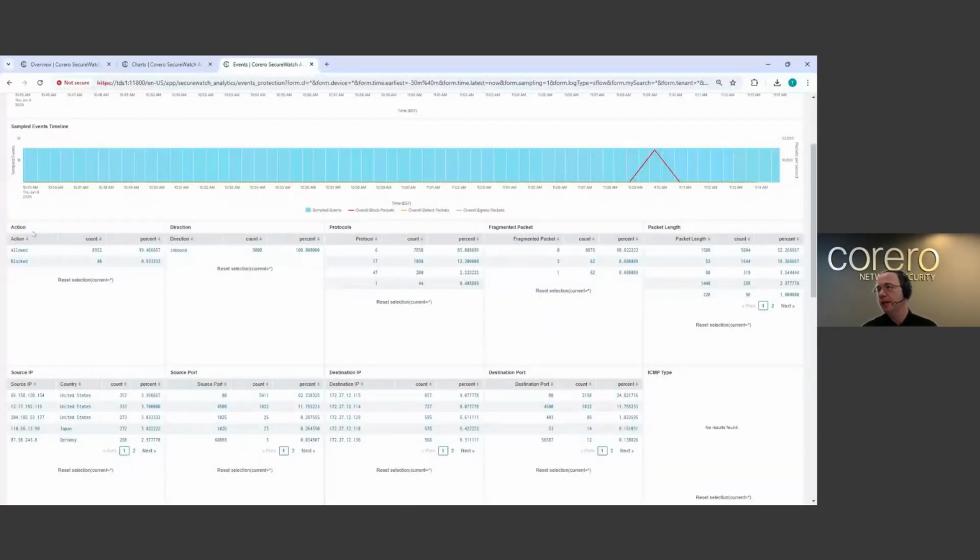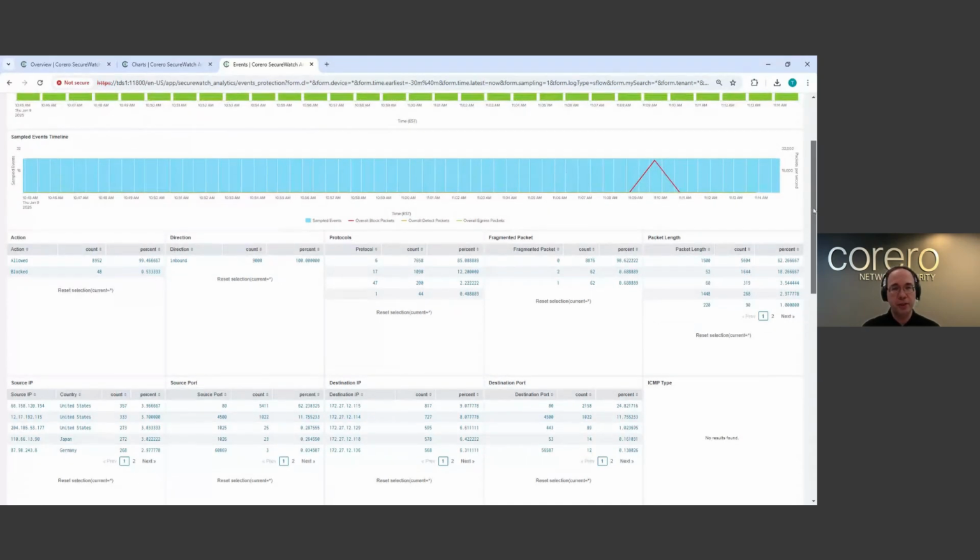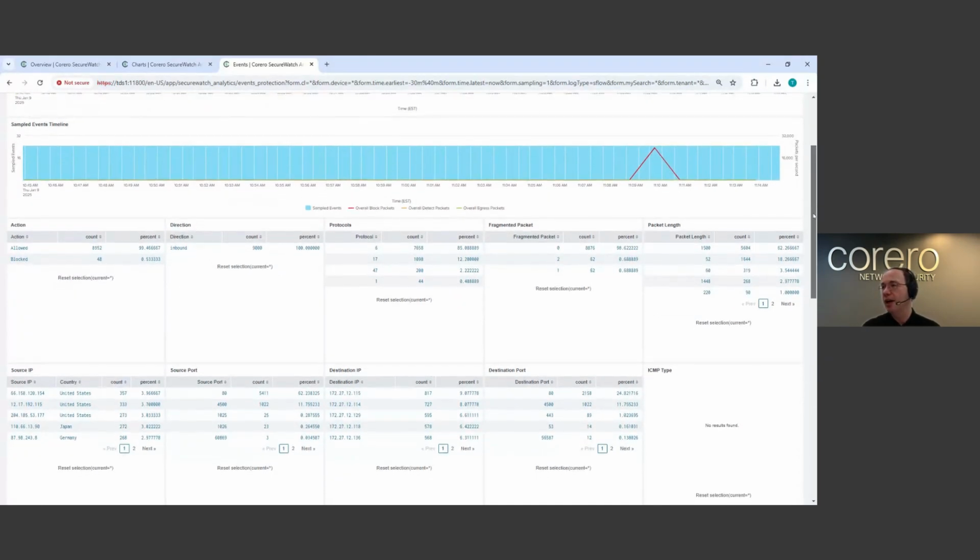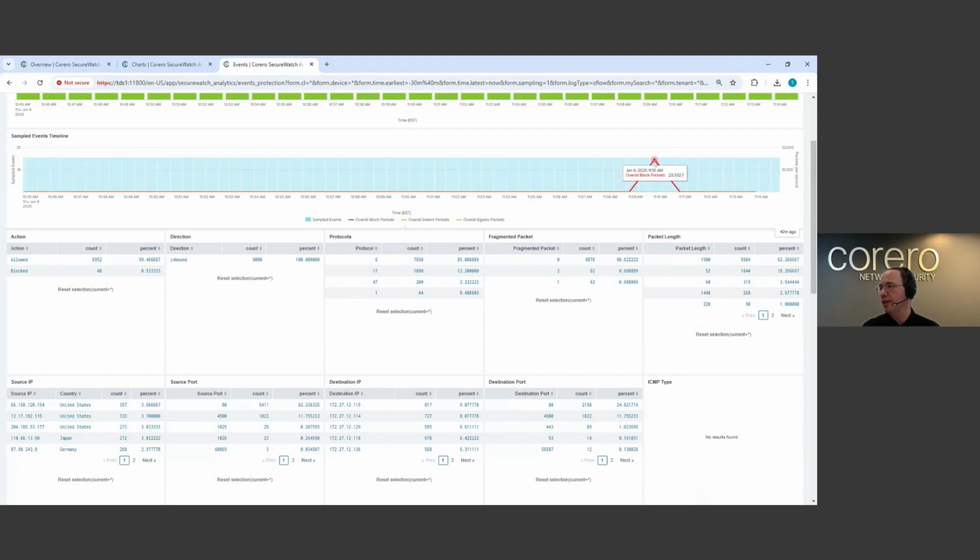So here's an events page, kind of like the picture I sent you. Maybe now it's a little bit easier to see. So this is the blocked packets that you see there. And these are from the flow sample, just telling you the top, right? So here's the top destination IPs.